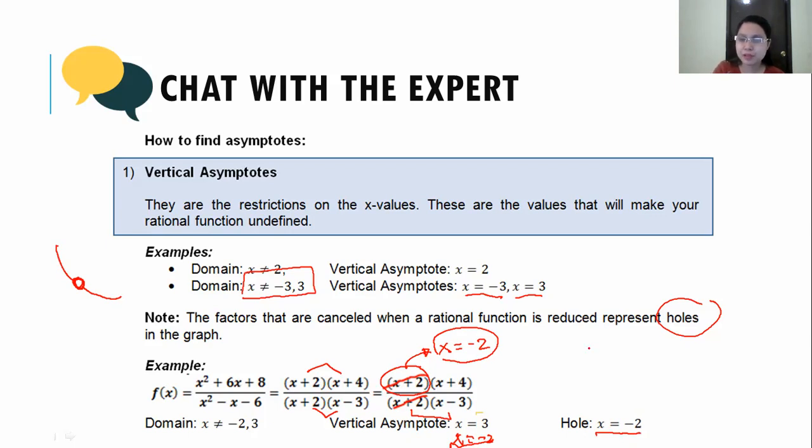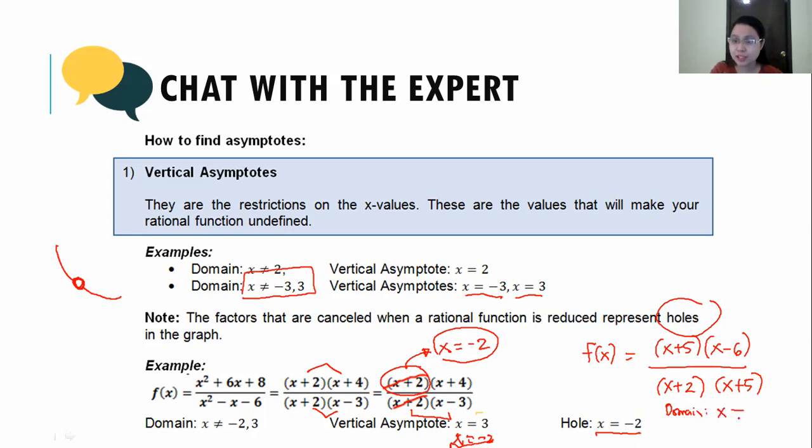Another example, we have f of x. Example, we have x plus 5 times x minus 6 over x plus 2 times x plus 5. Here, your domain based on your denominator should be x not equal to -2 and -5.